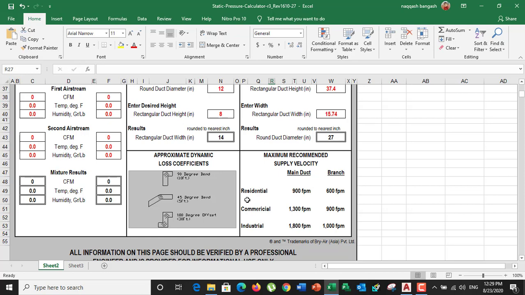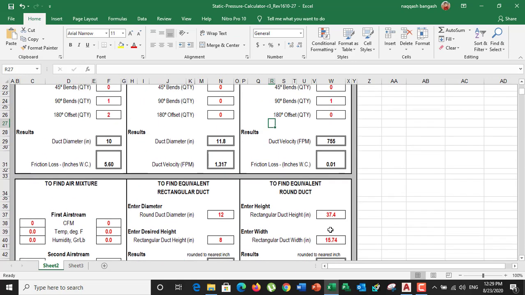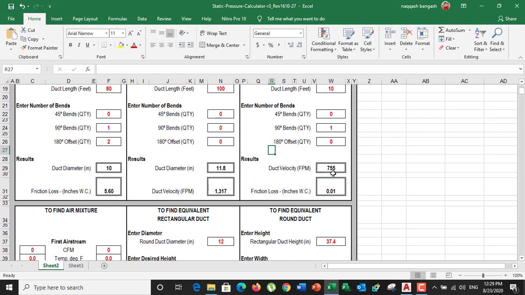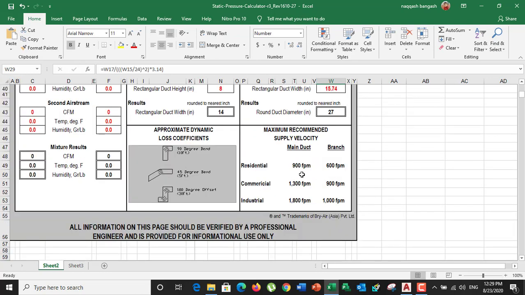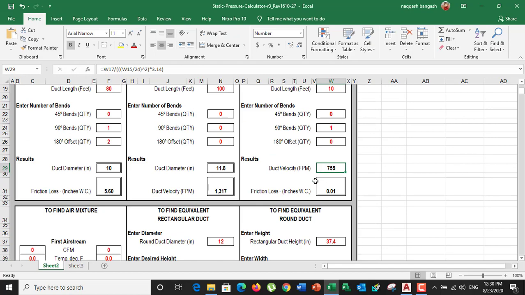If you are designing for residential purposes, then use 900 feet per minute for the main duct, and for branches you will use 600 feet per minute, with higher values for commercial and industrial. Here you can see the duct velocity is 755 fpm, which is below 900, so it's a residential air conditioner.